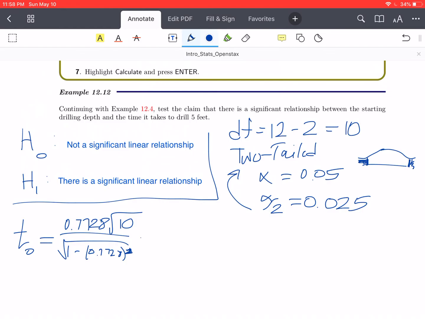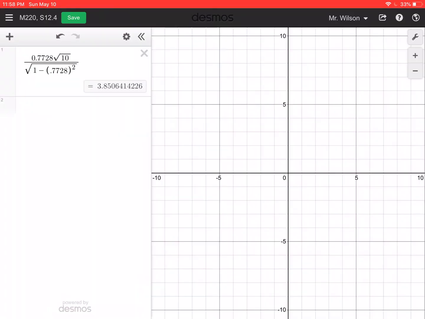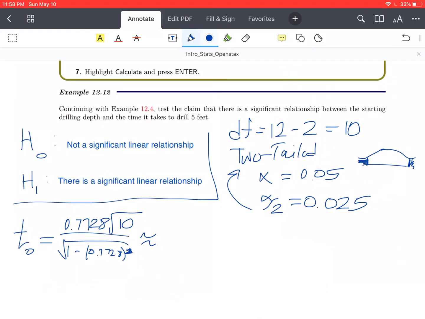Which then, if you look at Desmos, I went ahead and already calculated this for us. So there we have it right up there. So about 3.85 for that test statistic.